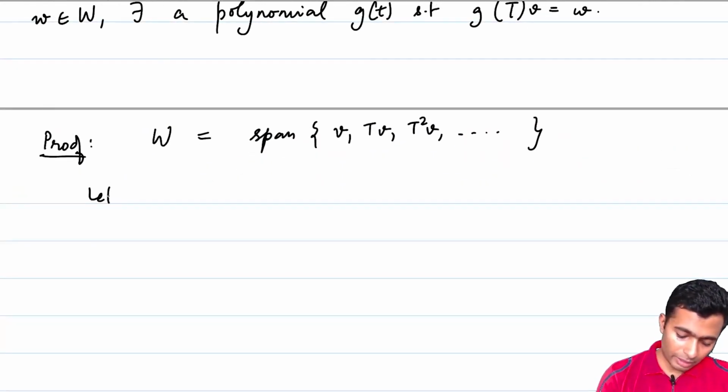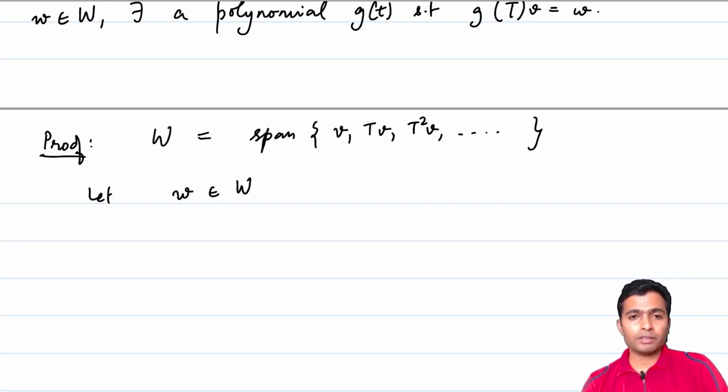Okay, so let w be in capital W. That means it is in the span of V, TV, and so on.